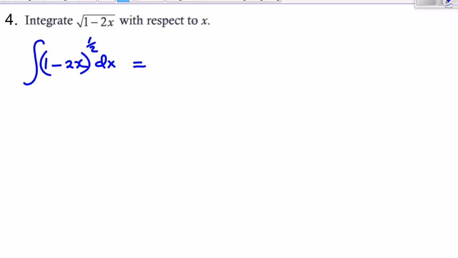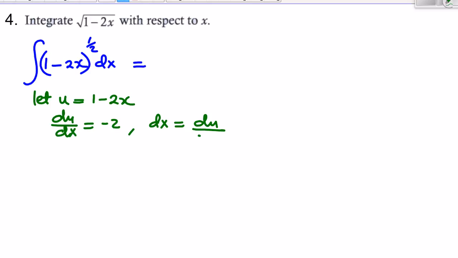The first thing is, let u be equal to 1 minus 2x. So du over dx will be negative 2, which means that dx will be du over negative 2.